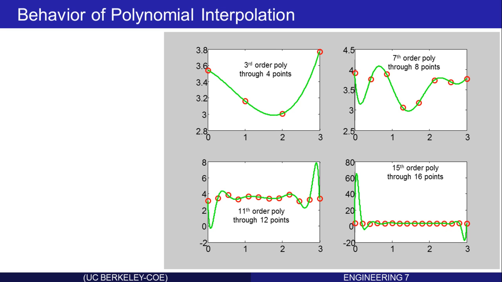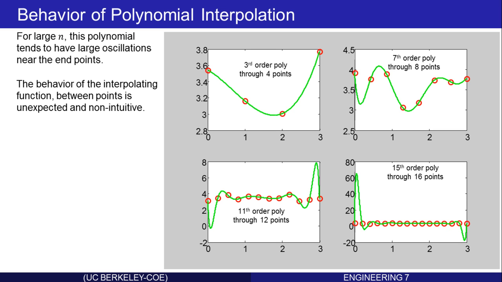Notice the kind of very unusual behavior that we're getting near the ends for the 11th order and 15th order, and even a little bit for the 7th order. Notice that the value predicted between the 2 points near the left end is quite different than the data itself. So what we're noticing is that for large values of n, the polynomial that interpolates the data tends to have large oscillations near the endpoints.